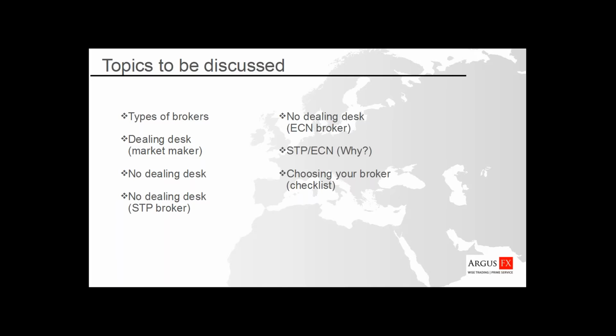And at the end, the most important checks you should perform for choosing your broker, our checklist. Through this checklist, you will be able to identify the major ingredients that make a valid and trustworthy broker.